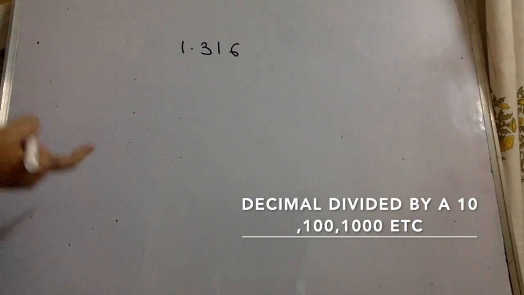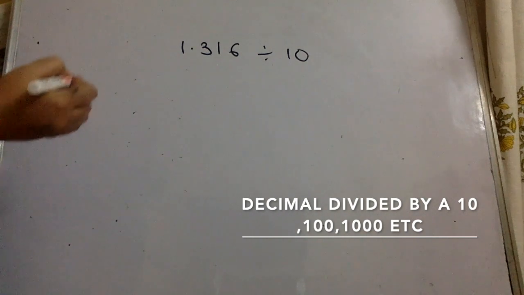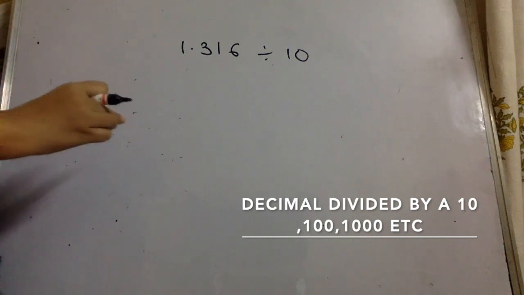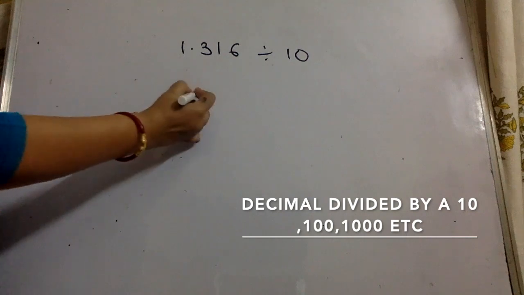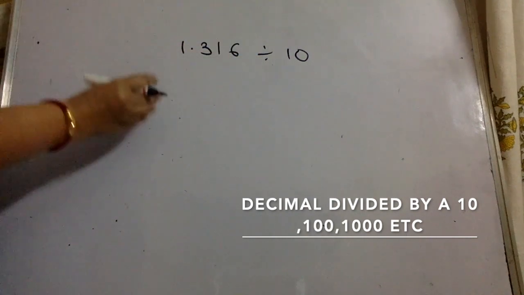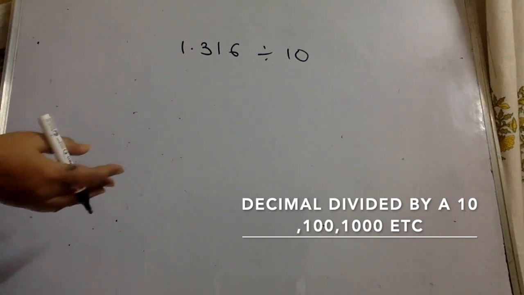This is a decimal number which has to be divided by 10. I've seen many of my students do this. They will divide in the proper division way. They'll put the 10 outside like you divide regular numbers. But there's a very easy shortcut for this.